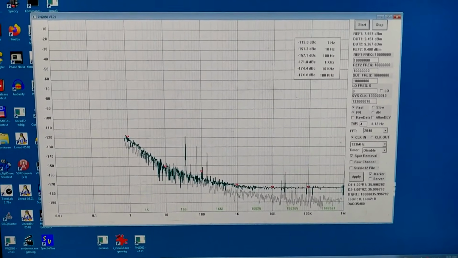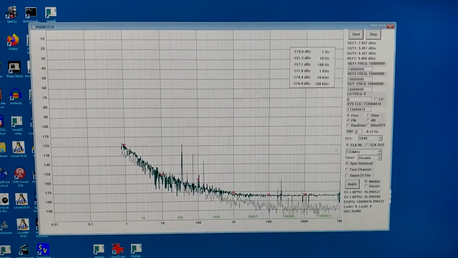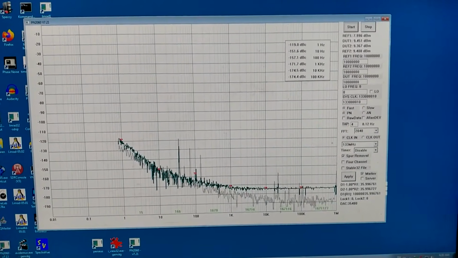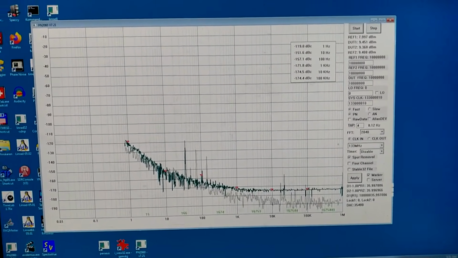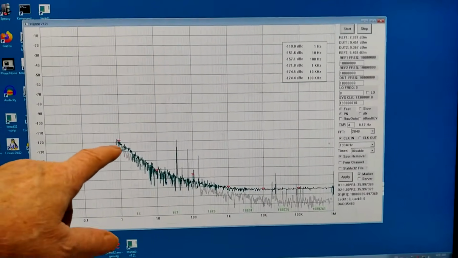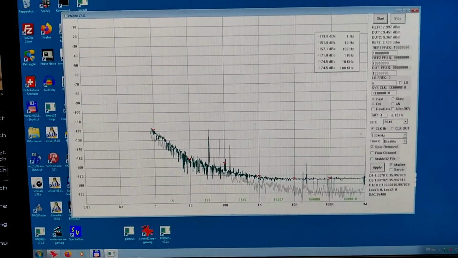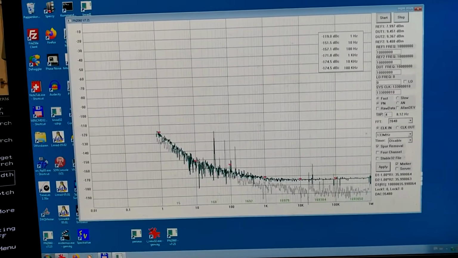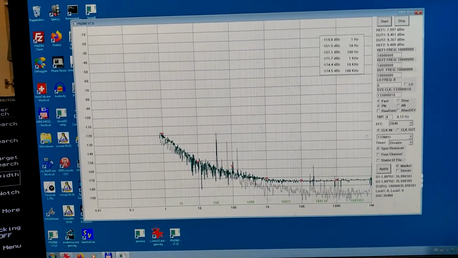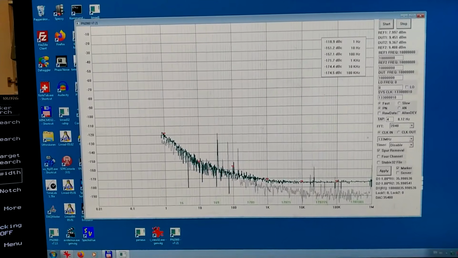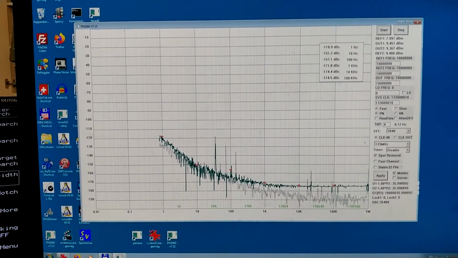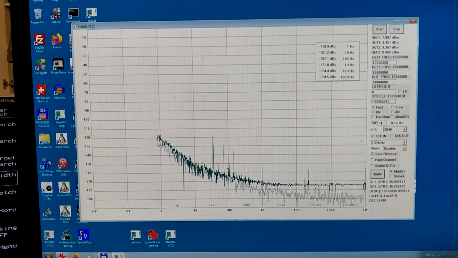I have not checked the crystal current, and there are other things I have to check for optimization, but now it looks normal, and it is already converged at minus 121 approximately.